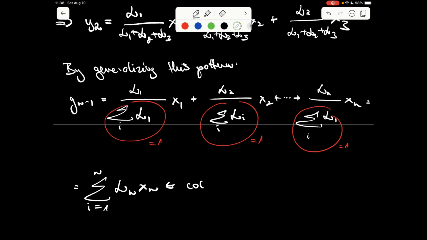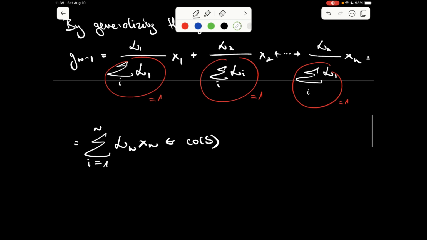So it must be in COS. So all these y_n vectors can be described as linear combinations of vectors in S, also in COS.